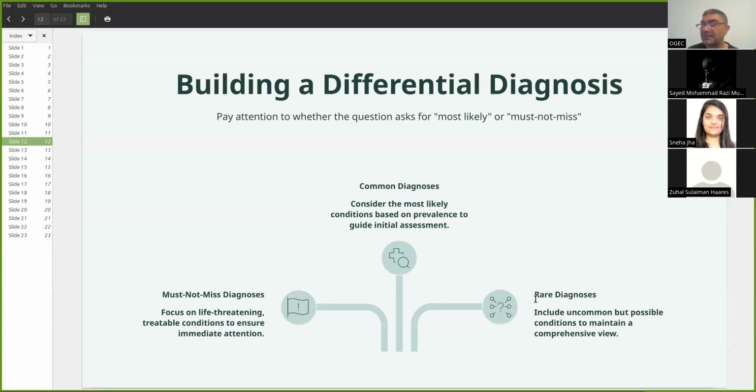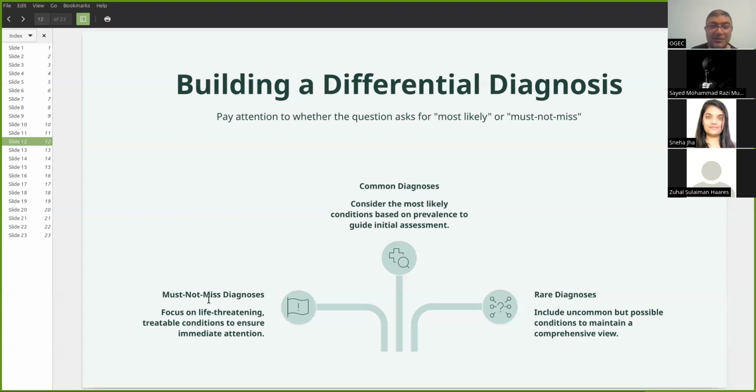And sometimes there are some rare diagnoses as well that should be in our mind when we come up with the differential diagnosis. So we see that in differential diagnosis, we have to think about three things.